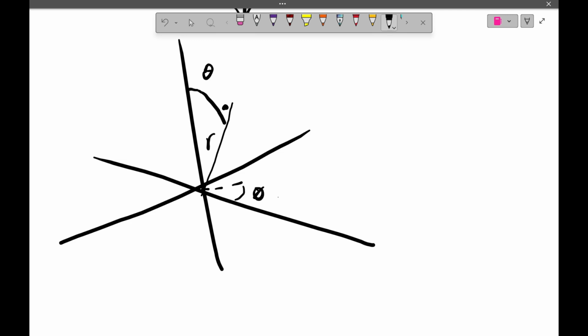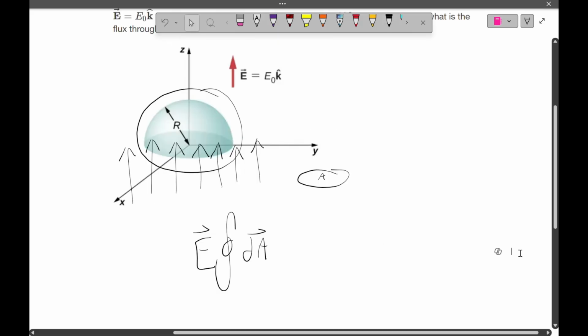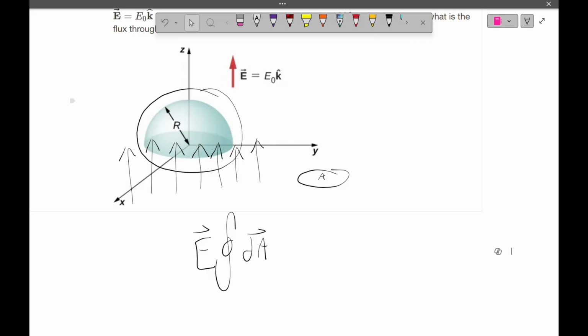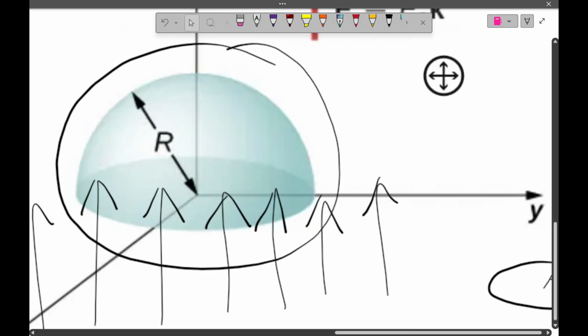So for the context of spherical coordinates, from now on, I'll refer to the x, y plane as having angles measured in phi, and this angle from the z-axis, angles measured in theta. An area that we can represent with spherical coordinates. It's just more convenient. You know, you have a point here, like let's say we zoom in on this hemisphere.